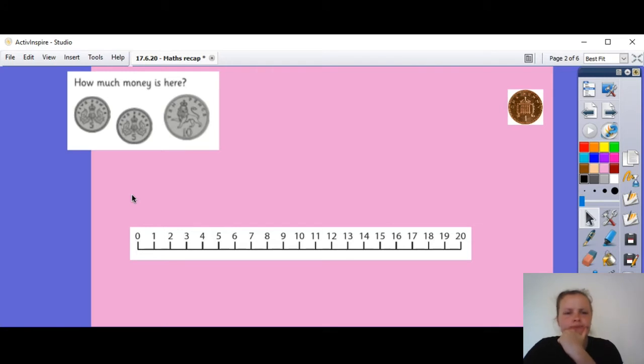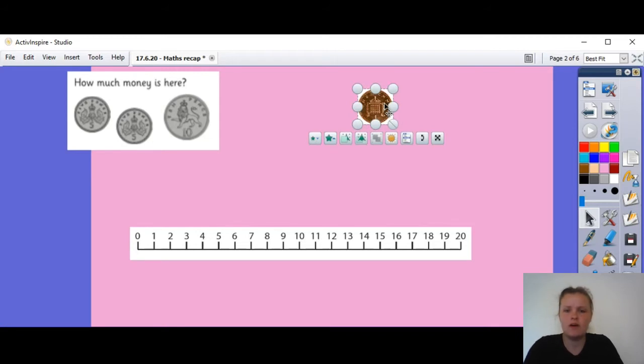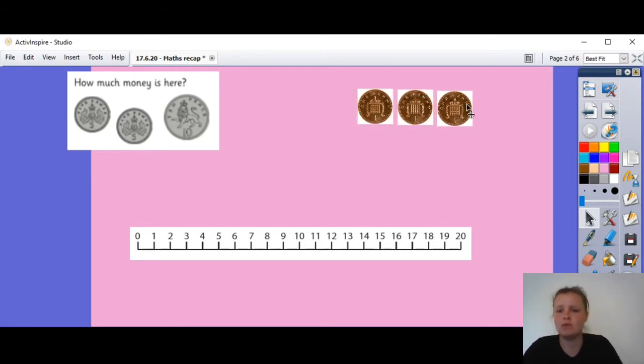This is quite tricky. First of all, let's have a look at our 5p coin. A 5p coin is the same as 5 ones. So 1, 2, 3, 4, and 5. So it's the same as 5 ones, and these are 1p's.